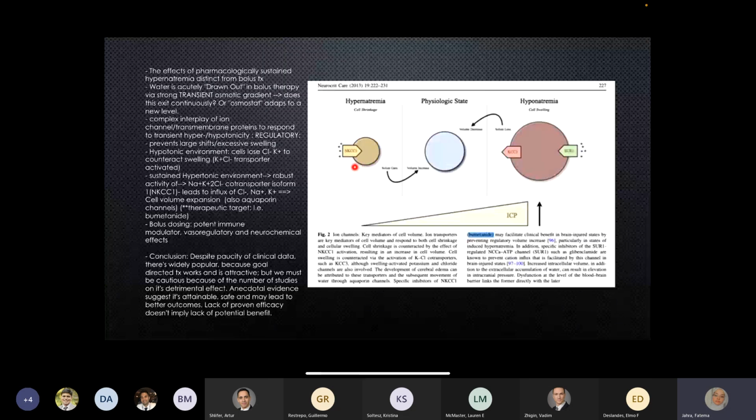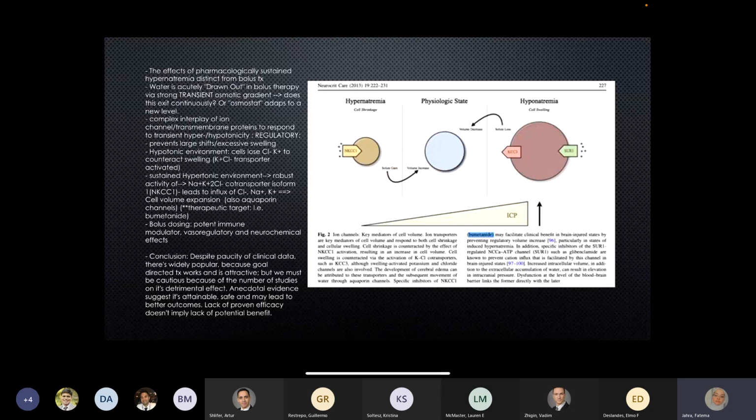So physiologically speaking, this sodium potassium ATPase pump pumps sodium back into the cell to turn it into a normal cell volume. So if you keep the patient in a hypernatremic state for a long term, you can basically get sodium to go more into the cell.